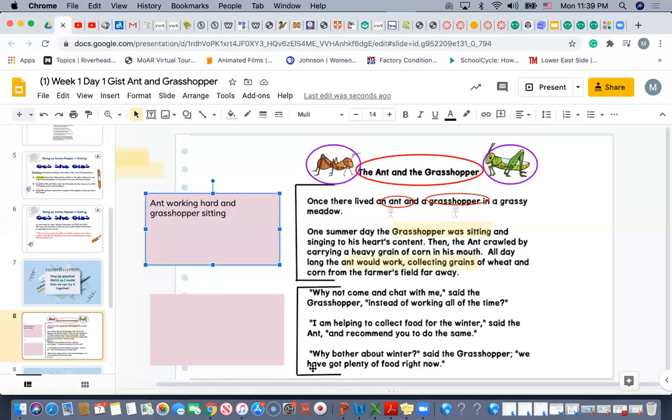So I see that grasshopper is saying to ant, not really to work. So I'm going to make sure that I want to highlight that. So grasshopper is saying, chat with me instead of working all the time. So grasshopper instead of working, and I want to make sure that I get my chat with me as well, because that way I know what I'm talking about.